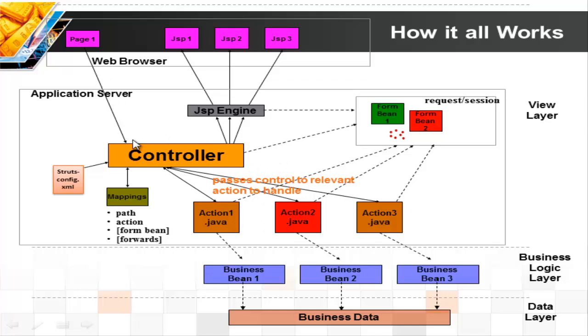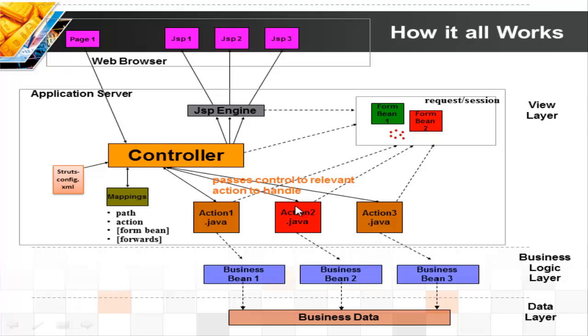So once the input values are placed in the appropriate form, it decides. Remember, it has this mapping that tells which action it is supposed to take. From among the different actions, it's going to call the appropriate action that can handle the request.